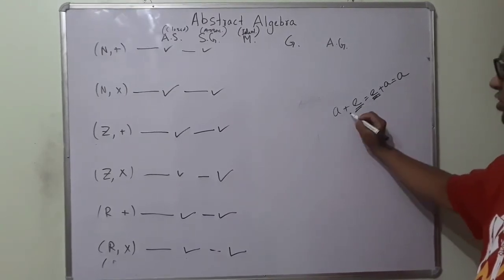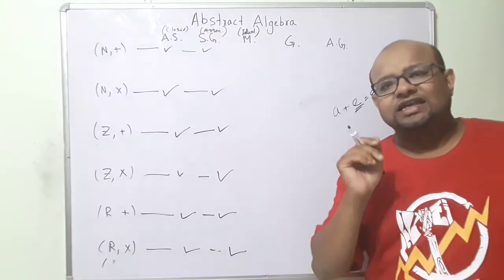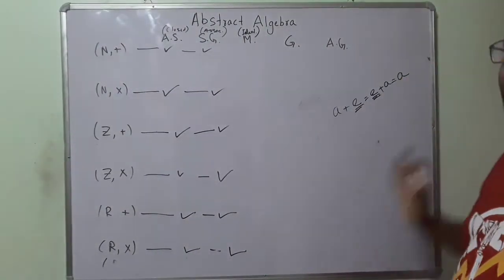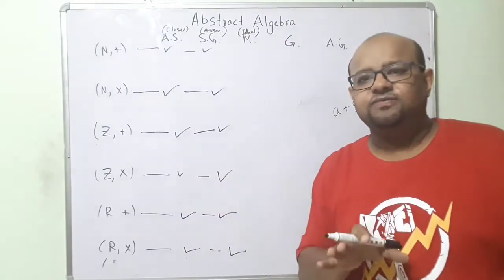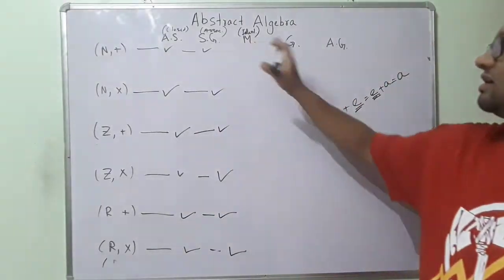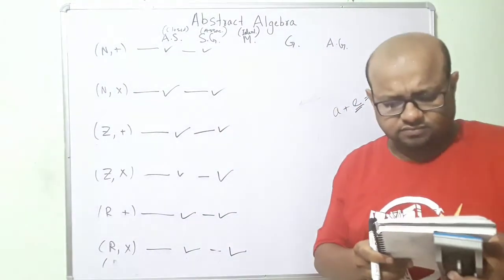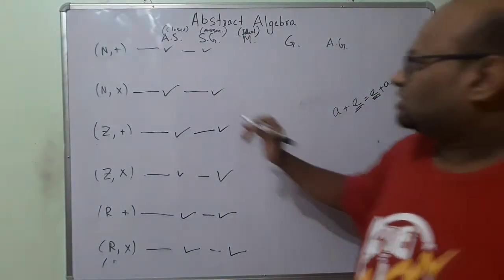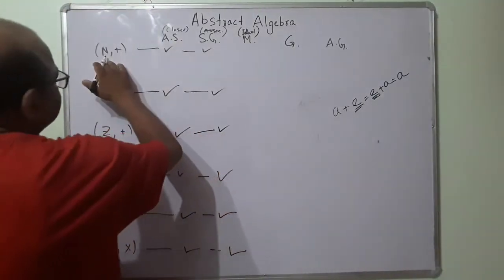In the case of addition, when I add 0, or when something is added to 0, I get back that thing. So the additive identity is 0.